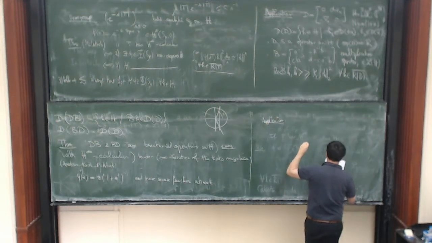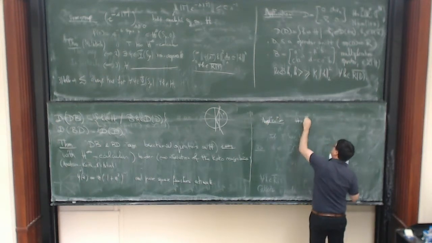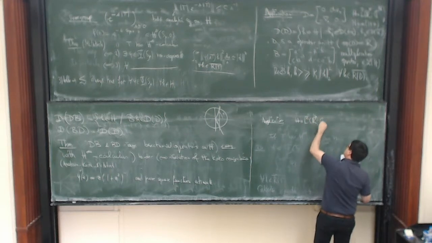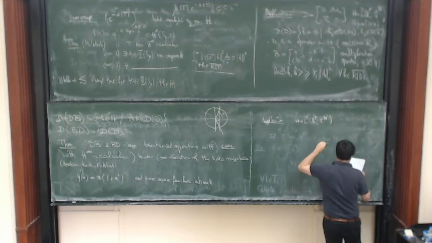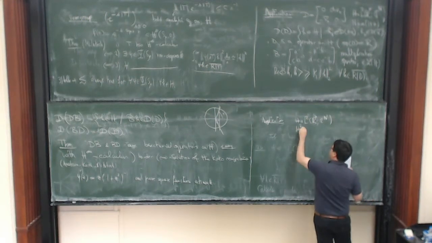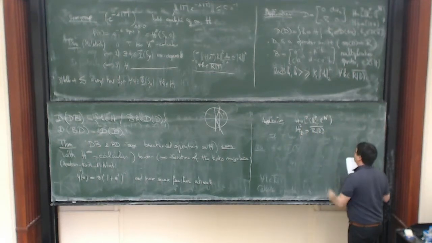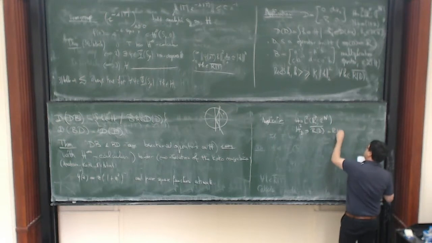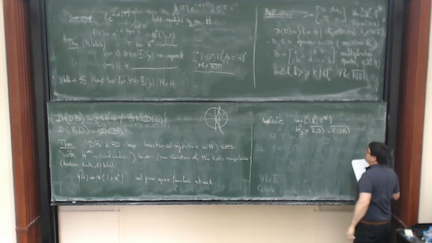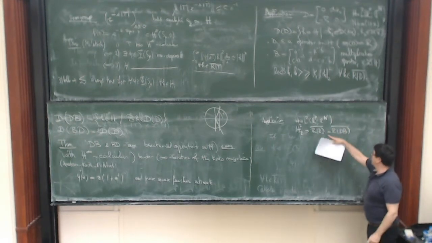Okay, so again, we have H, which is L2. So we have this space H2 D, which is just the range of D in our context. This is the same as the range of dB.